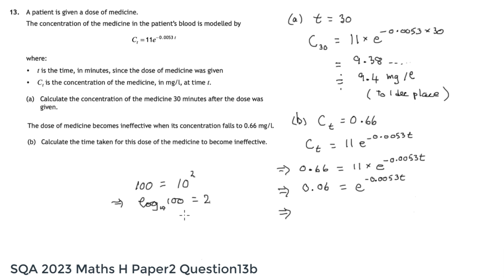So let's follow the pattern. The base here is this 10. So the base in this case will be e, log to the base e. This number is this 100, which in this case is 0.06, and that would be equal to the power here, the 2 in this case, which is this negative 0.0053t. So let's put that at the front.